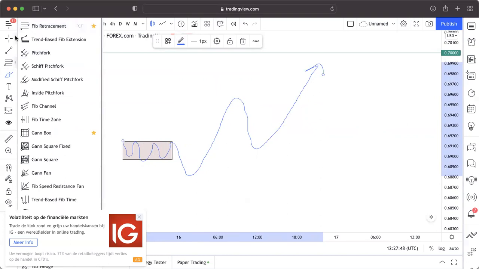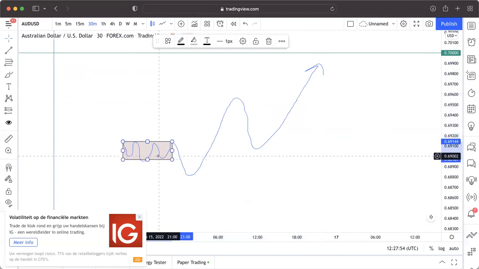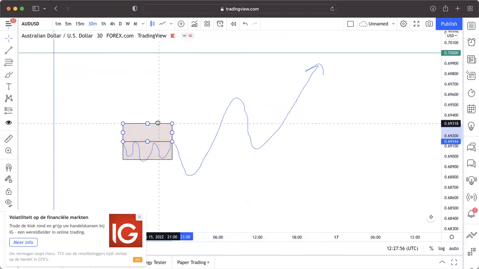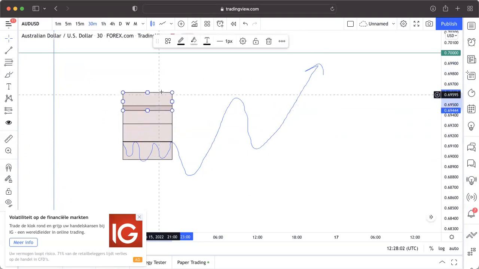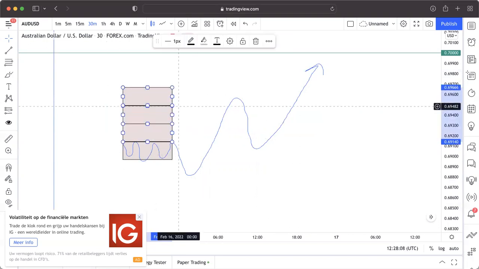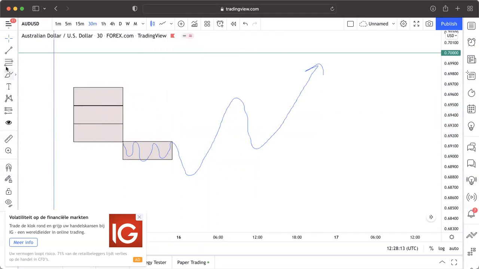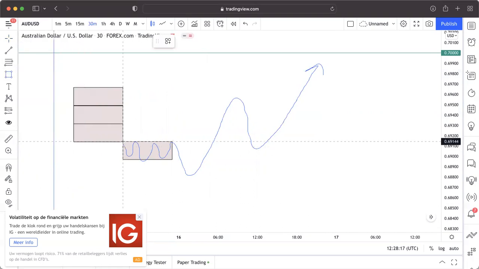So usually when the market is creating a low of the day below the Asia range, we wouldn't be using the standard deviations like that. That's not the correct way to use it. Let's just move this to the side so you can see the difference. What we would do is first measure the size of the manipulation, right?